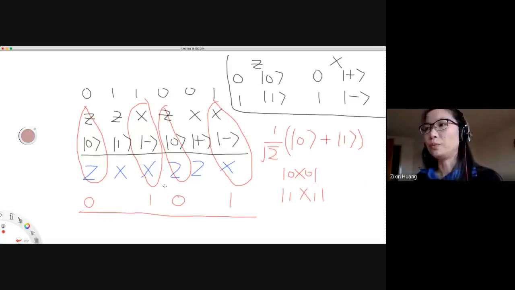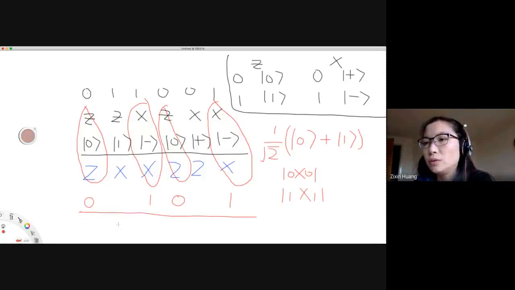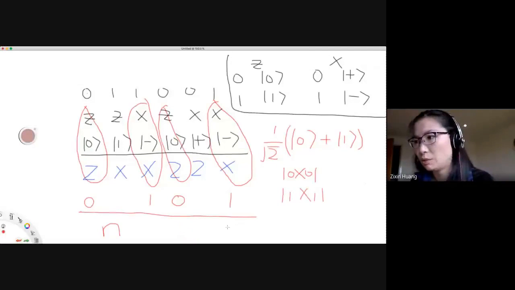Cool. So this is our BB84 protocol. When we say something is secure from a cryptographic sense, of course, in real life, this would be a very, very long string. So it may have n bits in total. It means that the probability of an eavesdropper to correctly guess the identity of this bit string would be proportional to 2 to the power of minus n.